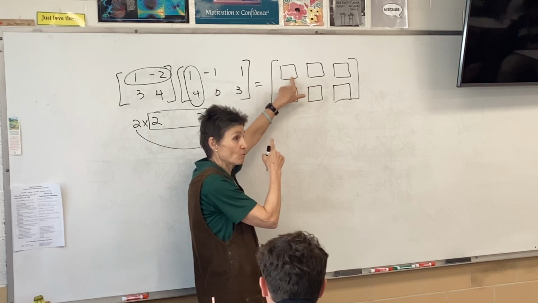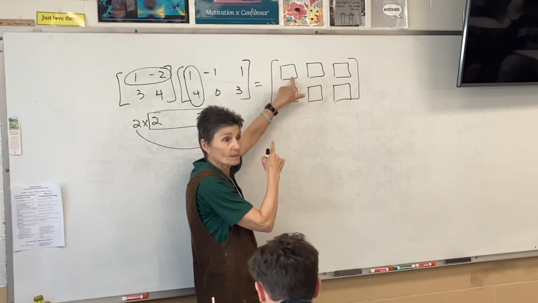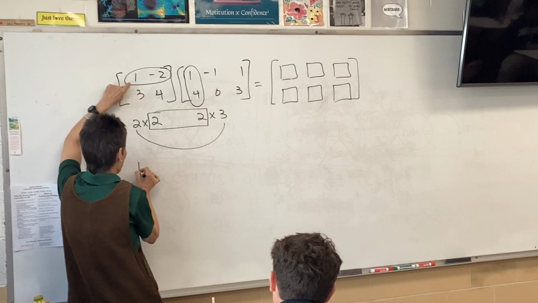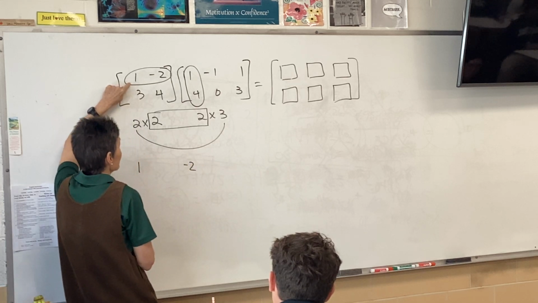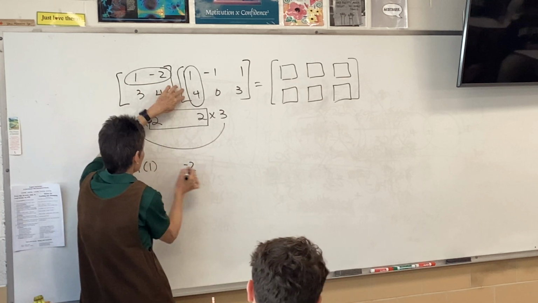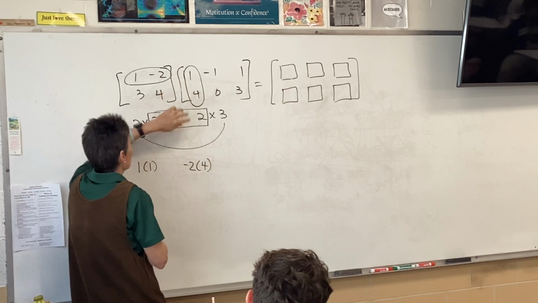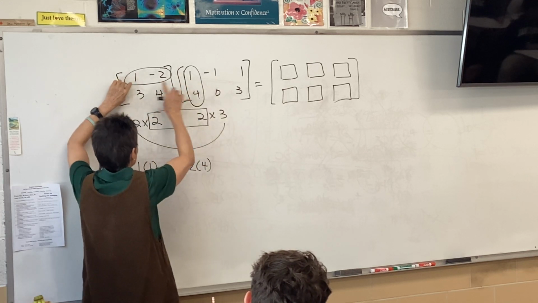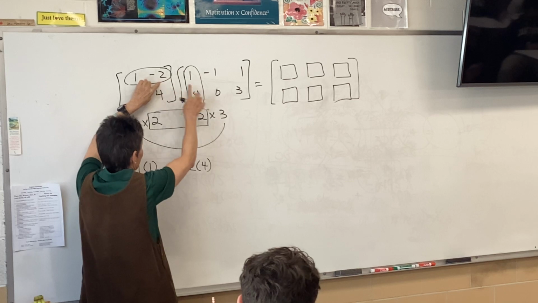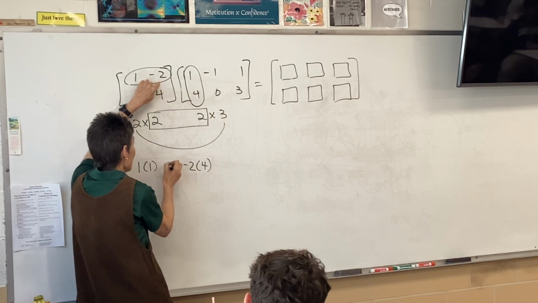That number is in the first row, first column. So I'm going to take my 1 and my -2, and I'm going to multiply it by my 1 and my 4. So I take 1 times 1, first times first, second times second, and I add them up.